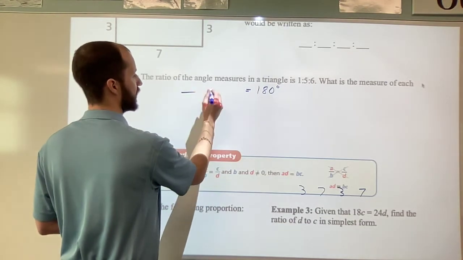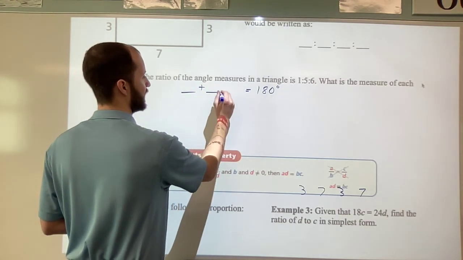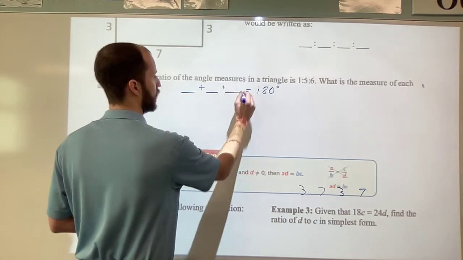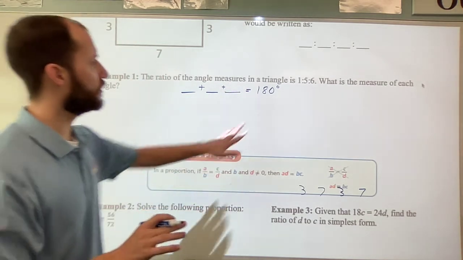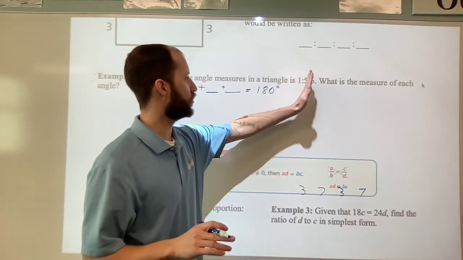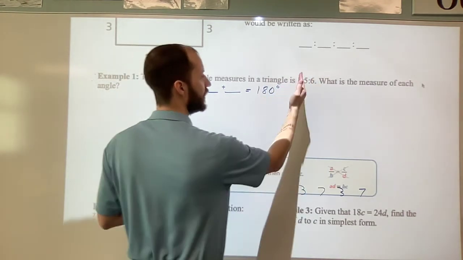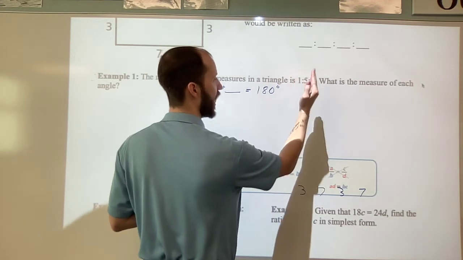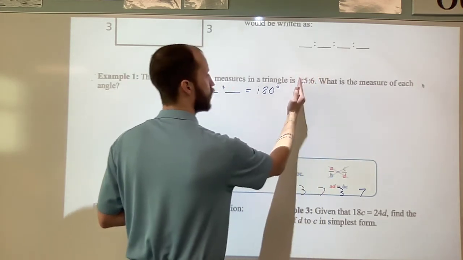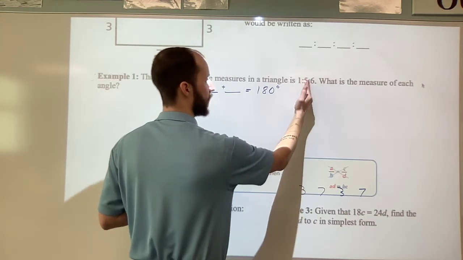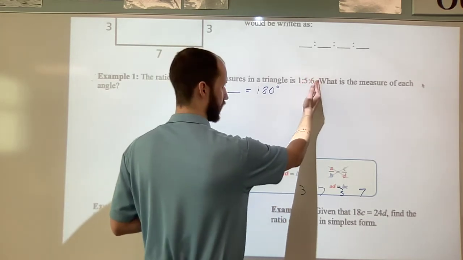So the first angle plus the second plus the third. Now we know the ratio 1 to 5 to 6. So 1 of these, 5 of these, 6 of these. So 1 part, 5 parts, 6 parts.